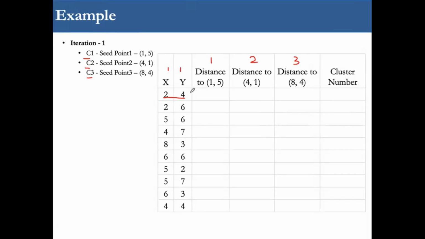So we need to find the distance between 2, 4 and the first cluster center 1, 5, the second cluster center 4, 1, and the third cluster center 8, 4. Then after finding these three values, we need to find which has the least value. Based on the least value, we will be writing the cluster number here.